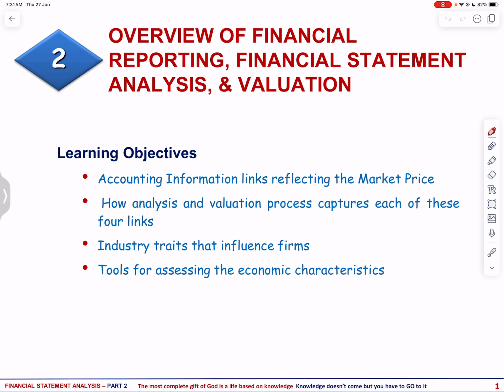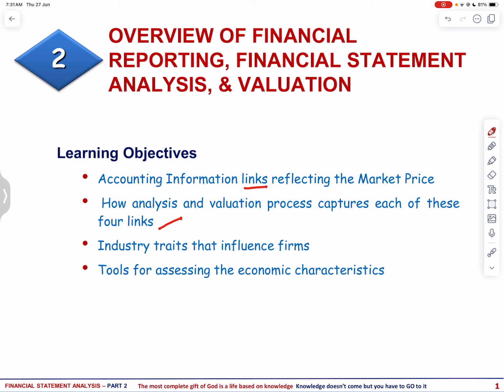Bismillahirrahmanirrahim. This is the second video on financial statement analysis. In this video, we will discuss the extent to which market prices are reflected by the accounting information links. Next, we will discuss how the six steps analysis and valuation process captures each of these four links.